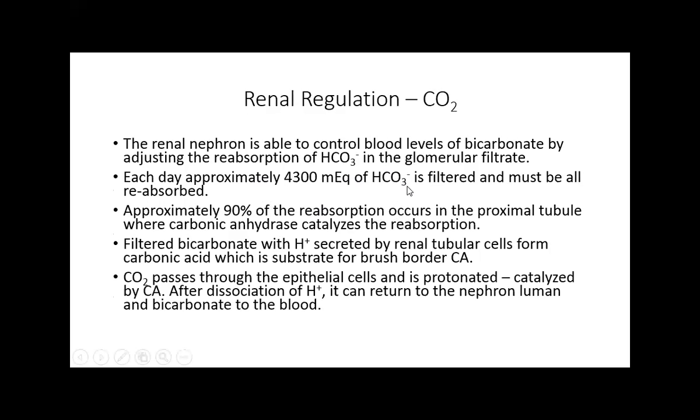So lots of milliequivalents of bicarbonate is being filtered. It's a small molecule, so it gets into the glomerular filtrate very readily. And we don't want to lose it all. So in that proximal tubule, we're going to reabsorb it by carbonic anhydrase on the luminal surface of the proximal tubule epithelial cells. Will essentially take bicarbonate that has been filtered, add a proton.